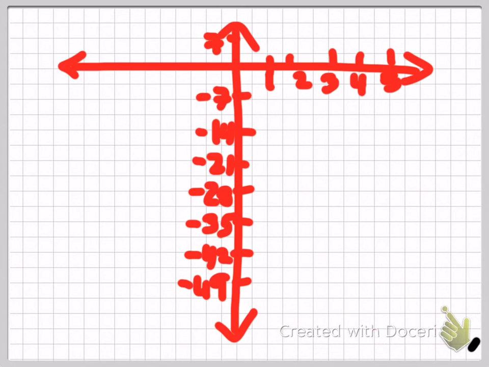So I'm going to go over 1 and up 3, which is going to be about in the middle here if I'm going by 7s. So we're going to put a point there. Then we're going to continue. We have our second term, which is negative 10, so 2, negative 10, which is going to be about in the middle here again.